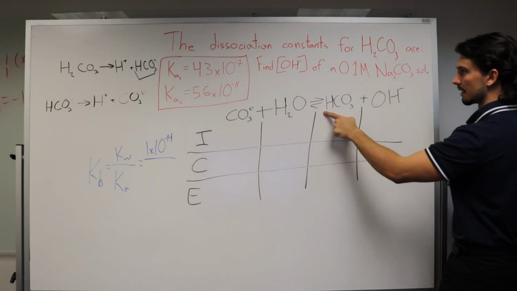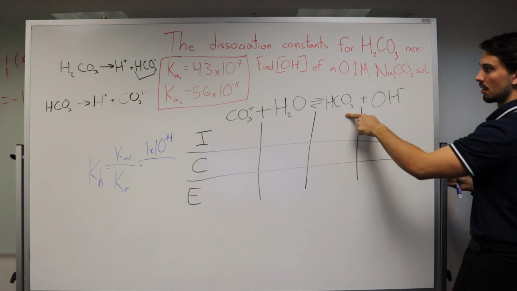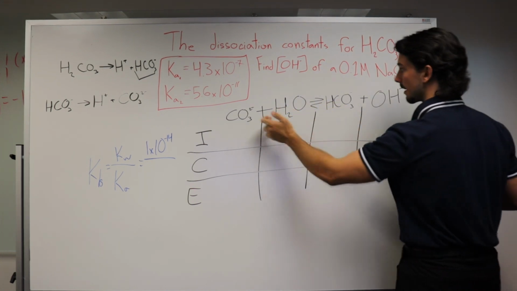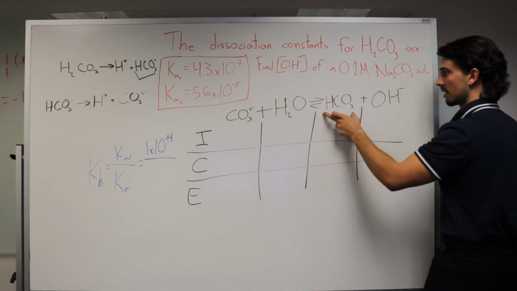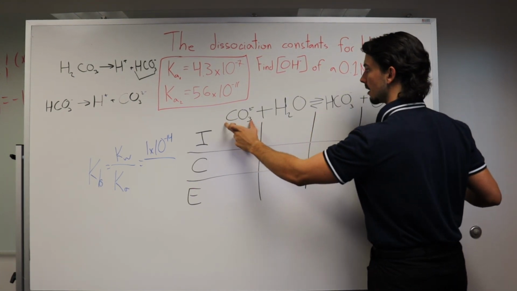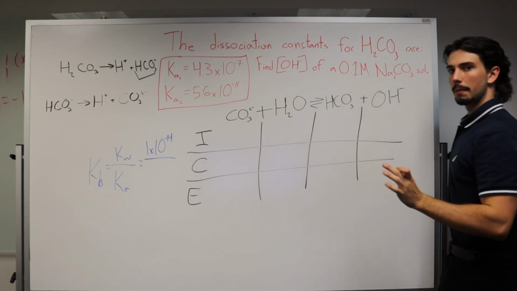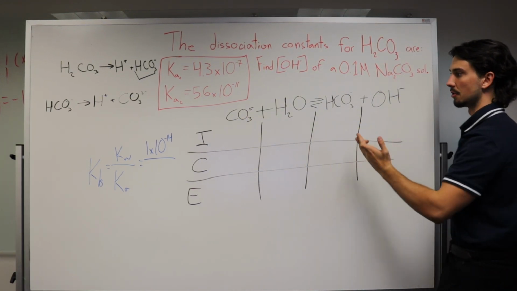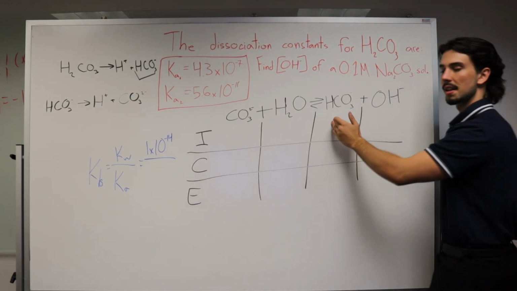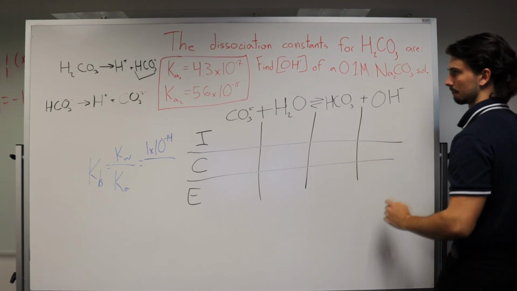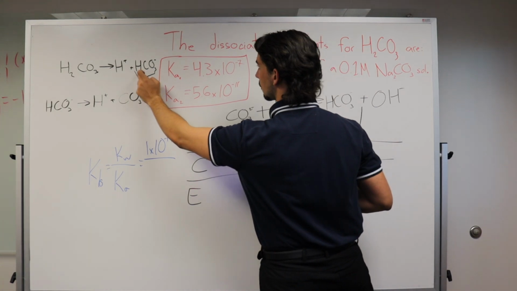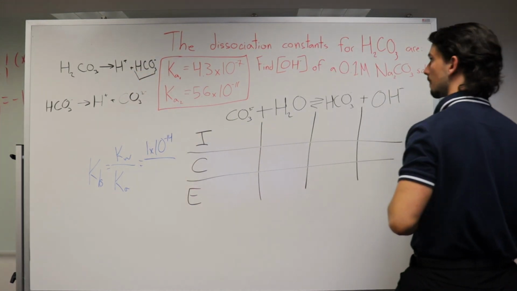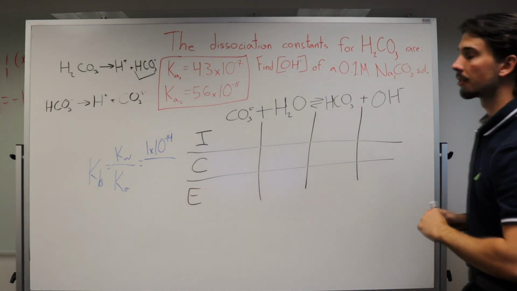So we have to look at this, HCO3. Remember that this is going to be the conjugate acid for a conjugate base. What that basically means is that this has a hydrogen ion and this doesn't. Whichever one has the hydrogen is going to be the acid. So that's why we're going to use Ka1 as our value, for HCO3. That's going to be the Ka that we use.